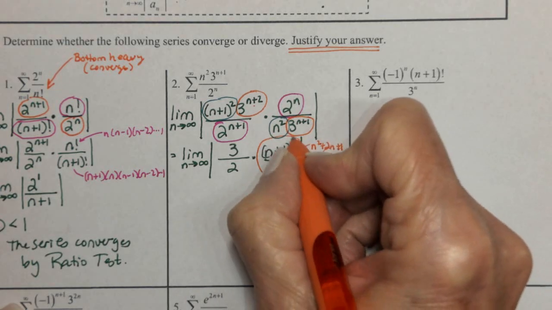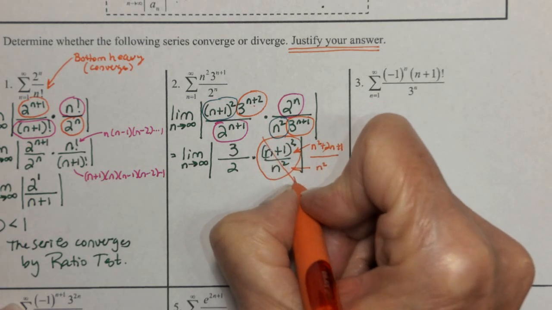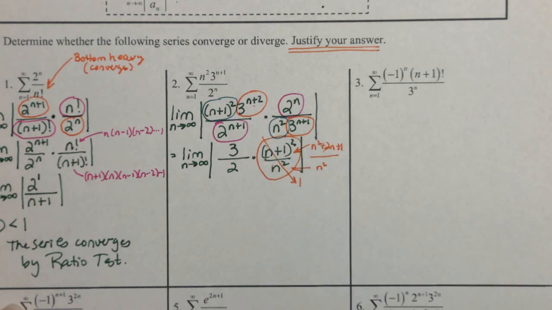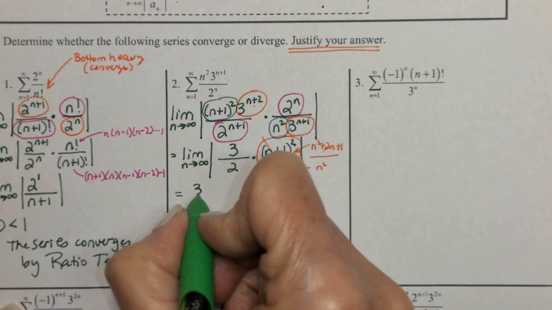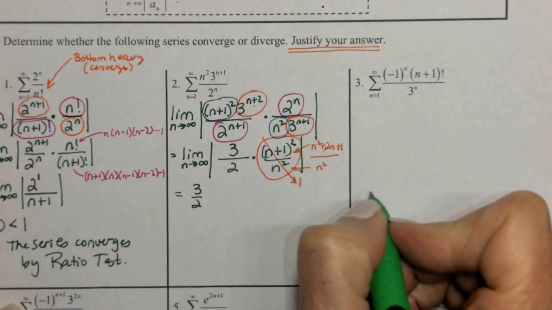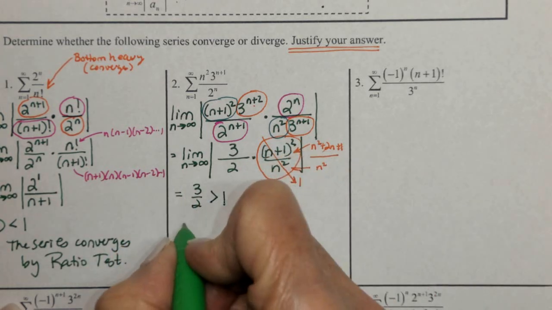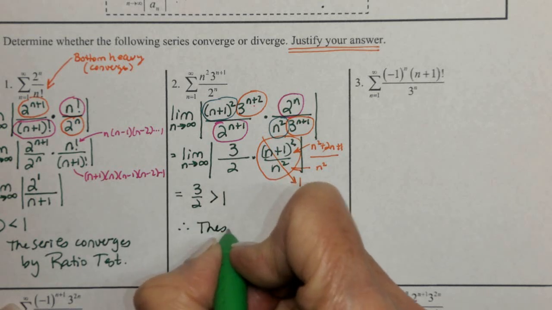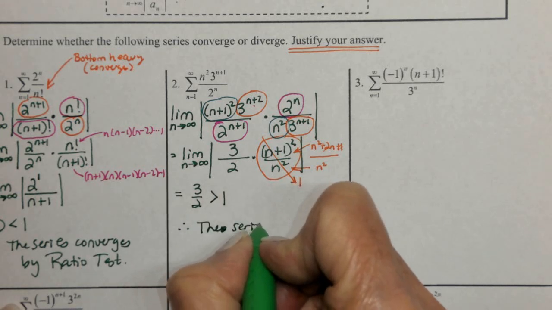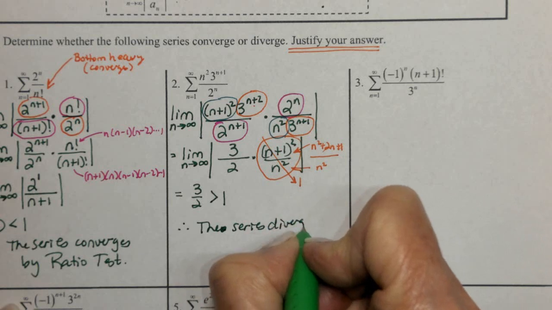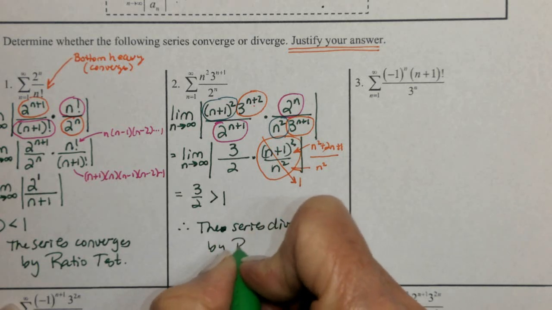So this whole thing here goes to 1. So this entire limit is 3/2. 3/2 is larger than 1. Therefore, the series diverges by ratio test.